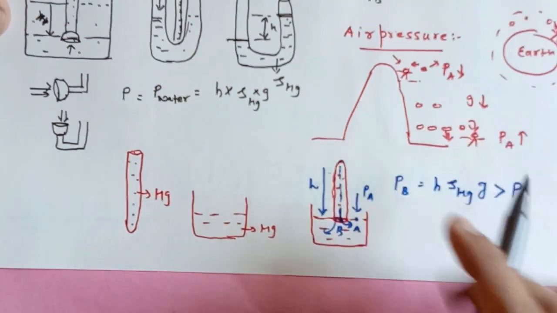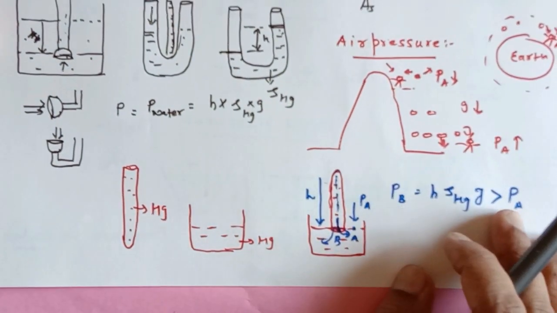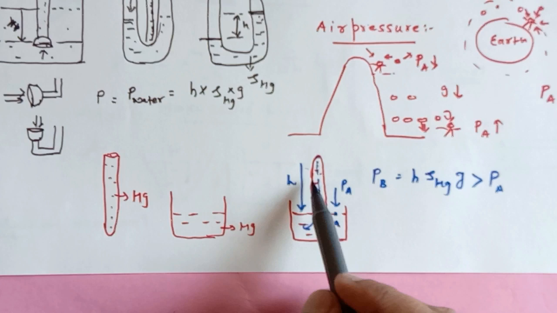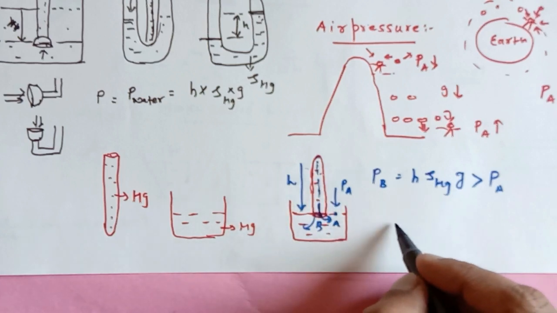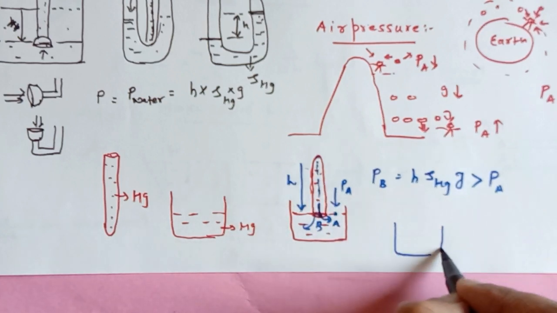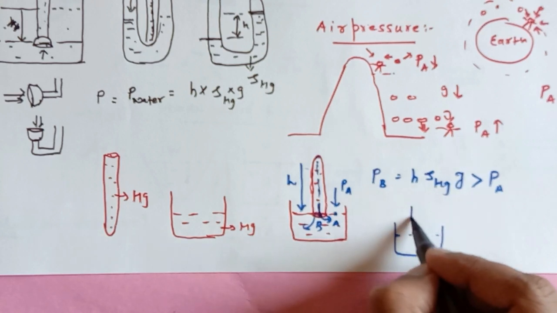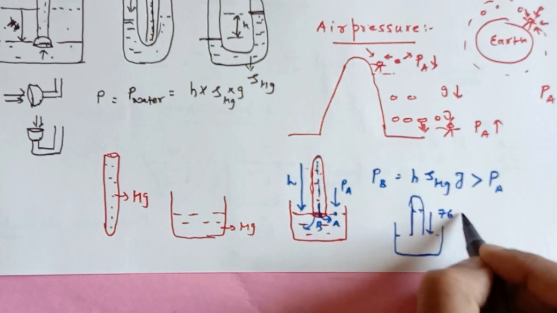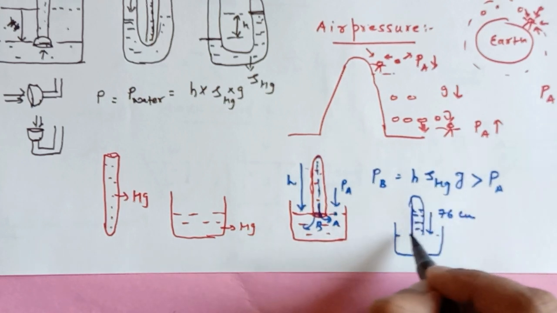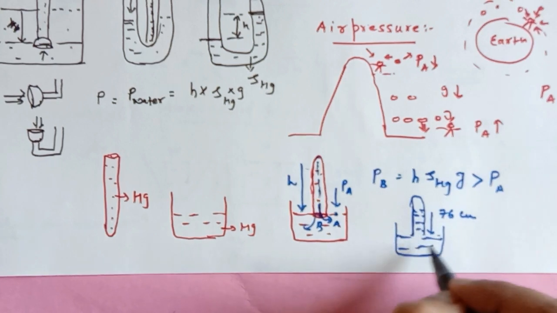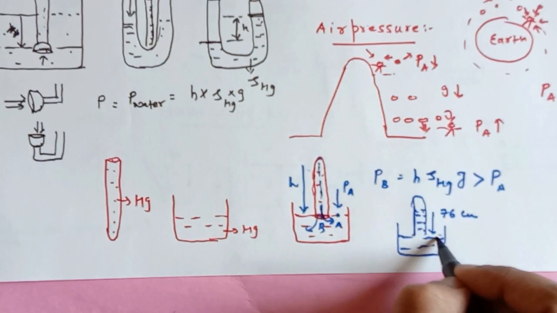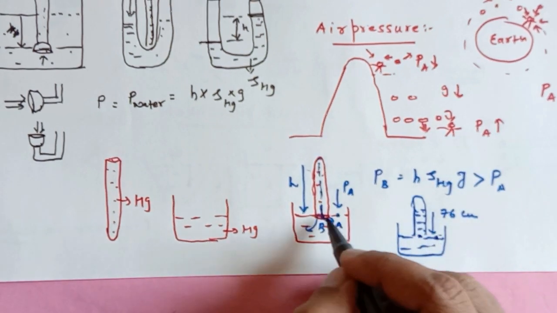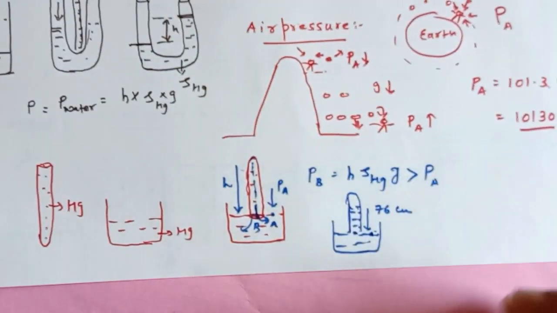So the level of mercury will start falling inside, and finally it will stick at 76 centimeters, something like this. This depth is 76 centimeters, and then no mercury comes out nor does mercury go in. That means the pressures at these 2 points A and B are now balanced, correct?